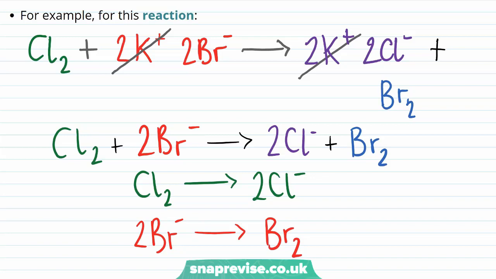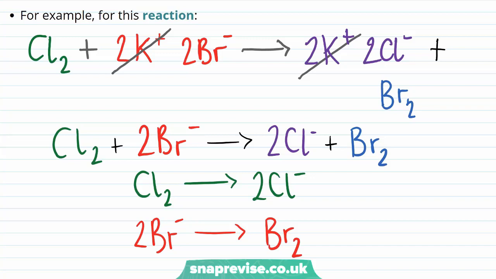These are the beginning of our half equations for this reaction. And so far we can see that they're balanced for the number of atoms. We have 2 chlorines on the reactant side and 2 chlorines on the product side. However, what they're not balanced for is charge. And we need to add electrons in order to balance the charge and also to explain what is happening.